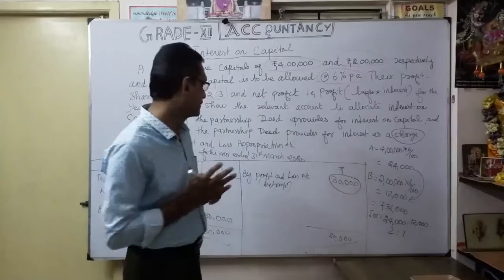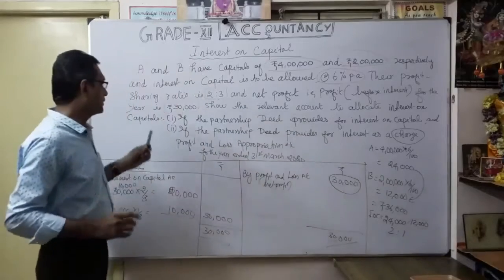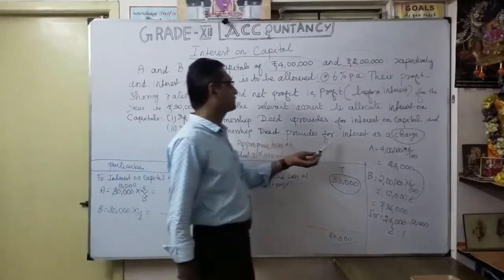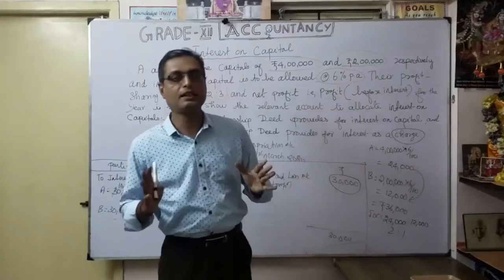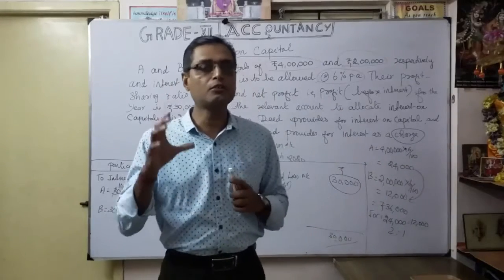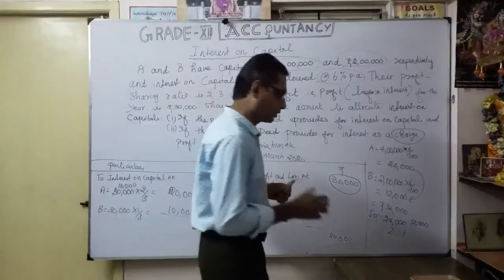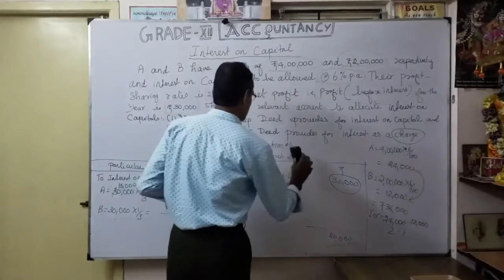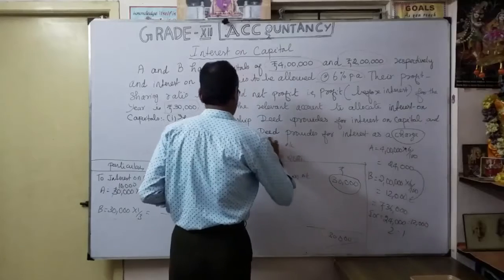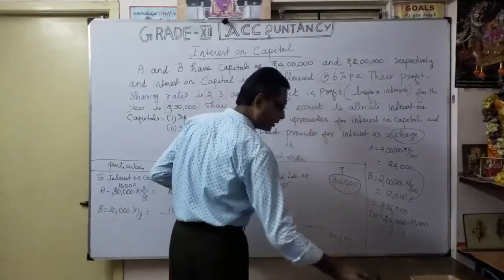Now the second case. If the partnership deed provides for interest as a charge, here you have to charge, meaning where are you going to charge? Profit and loss account. So which account do you open? Only the profit and loss account, not the appropriation account.